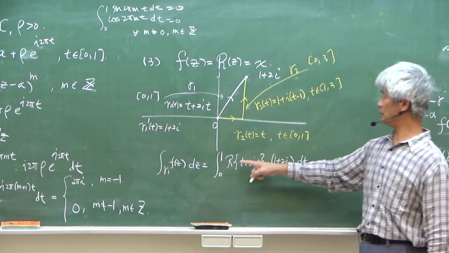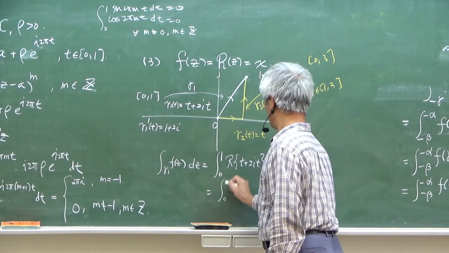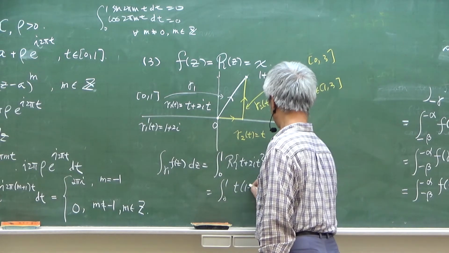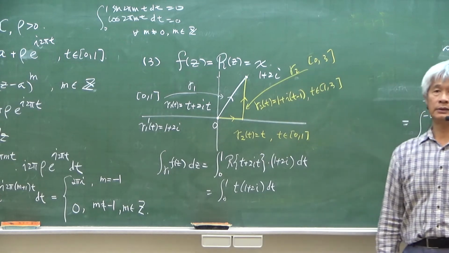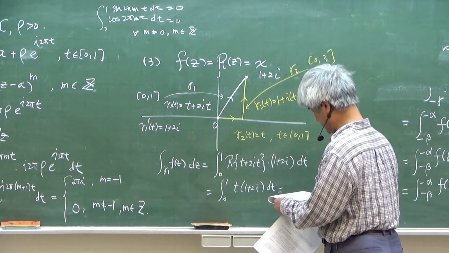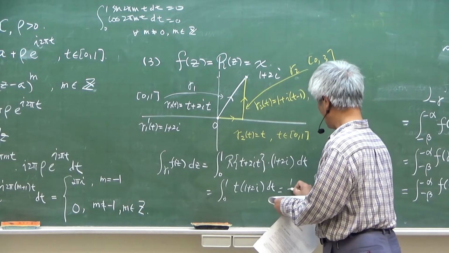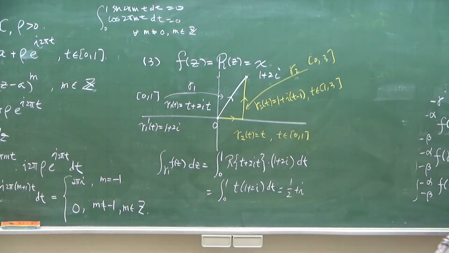Just do the substitution, and this real part is just t, right? 1 plus 2i dt. And after you evaluate, this is quite simple: 1/2 plus i. So gamma 1 is this one.